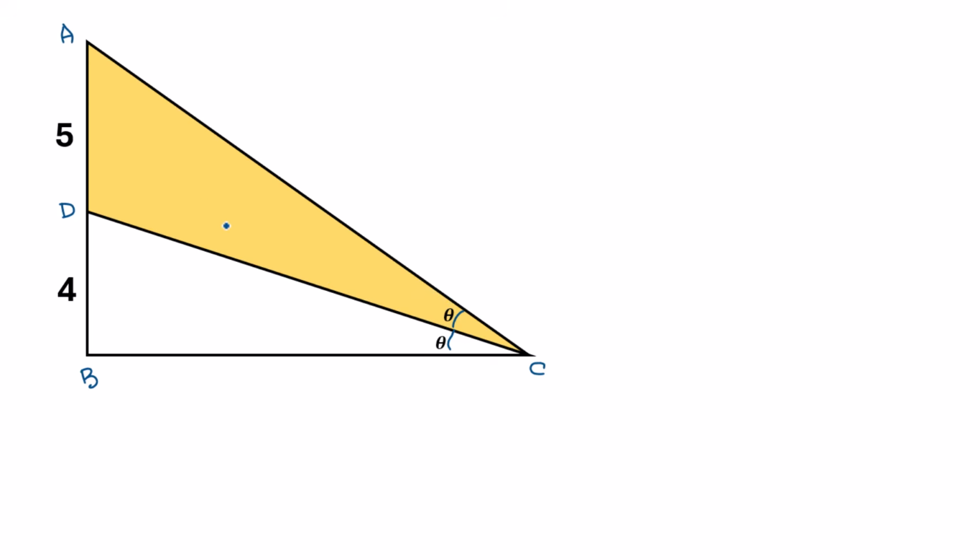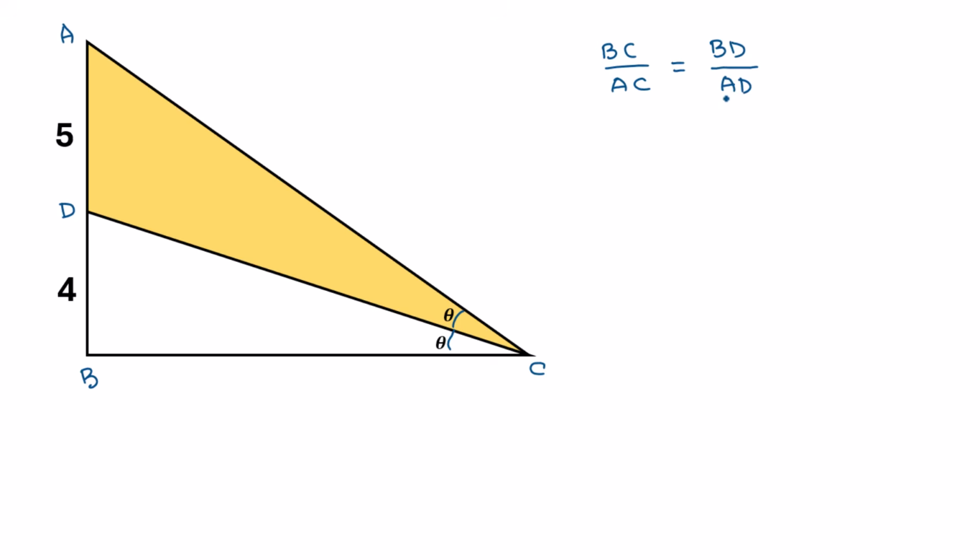Now, applying the angle bisector theorem, we can write BC divided by AC is equal to BD divided by AD.